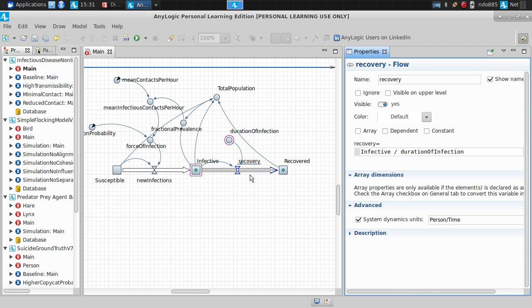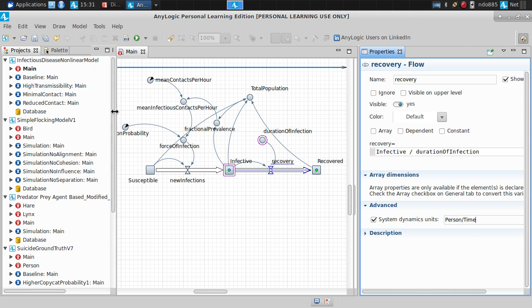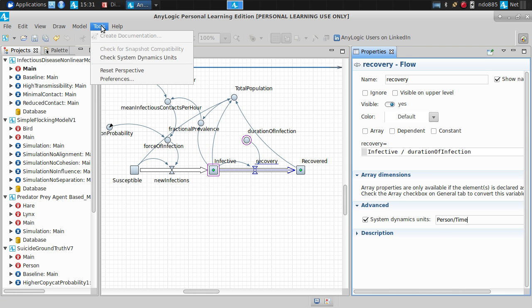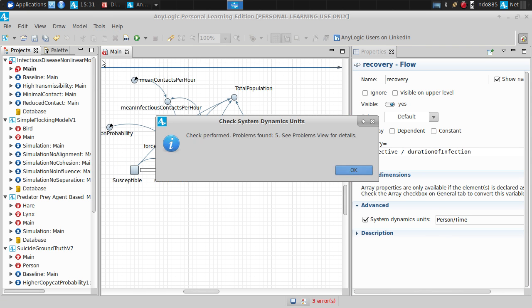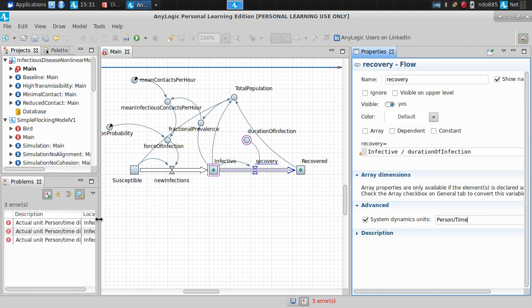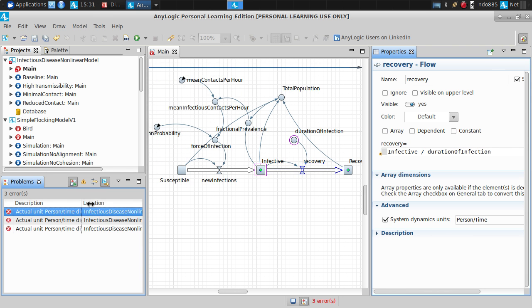Great. Now, I noticed before coming here that my version of AnyLogic seems to have somewhat inconsistent support compared to previous versions. But if you go up to Tools and you say Check System Dynamics Units, it's going to say a certain number of problems found, and it's going to warn me of some of them, but interestingly, not all of them.